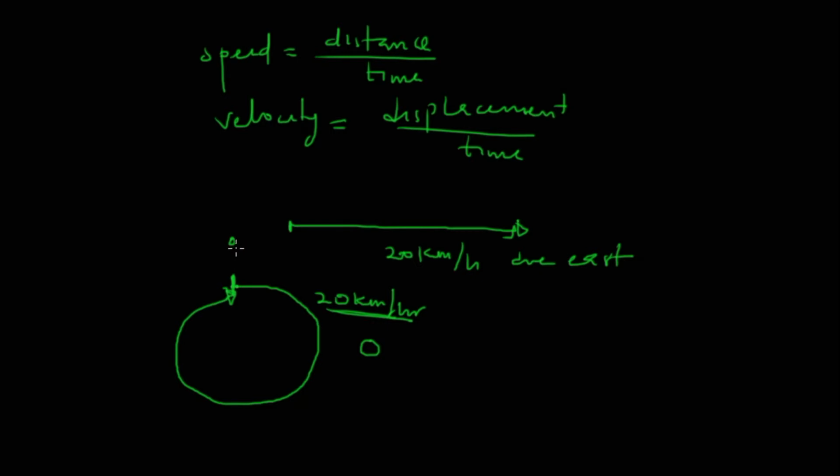Direction is 0. So if direction is 0, then there is no velocity. So velocity is a vector quantity. It considers the direction of an object, while speed only considers the amount, which is just 20 kilometer per hour.